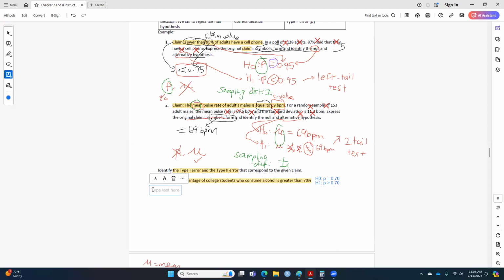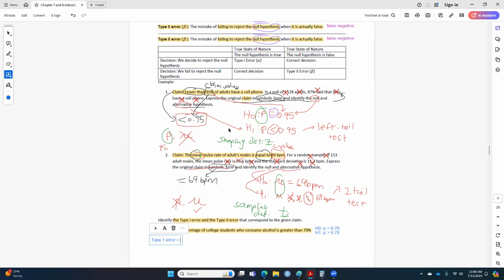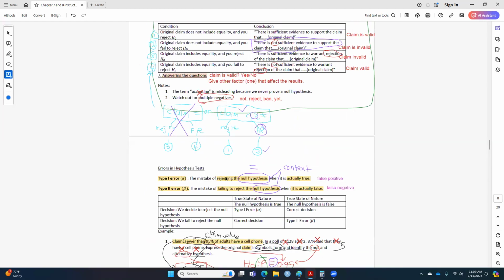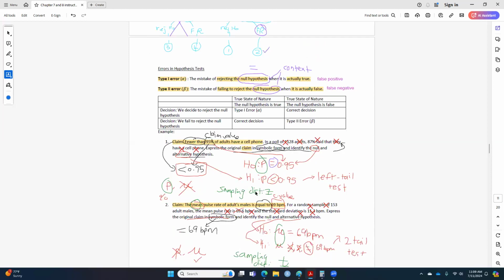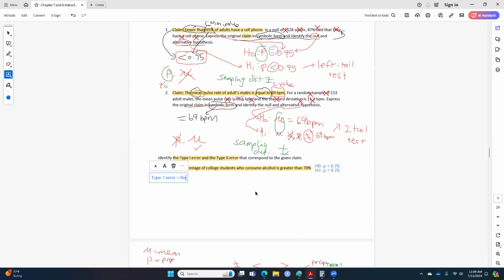So when you do the type 1 error, you just copy down what we have here, which is rejecting the null hypothesis when it is actually true. So type 1 error says that you are rejecting the null hypothesis when it is actually true.